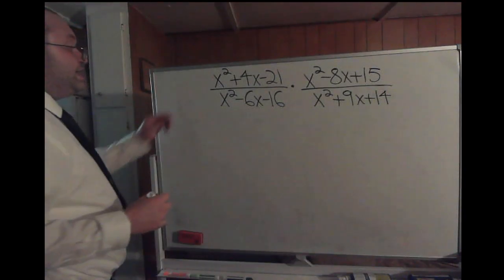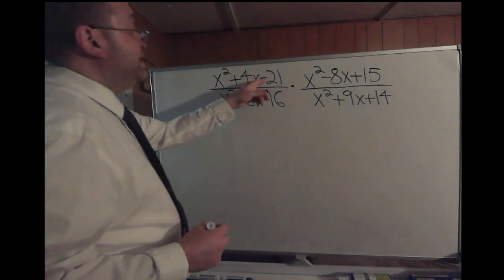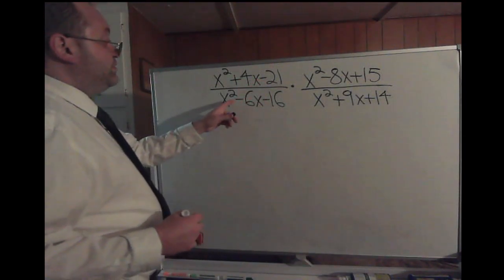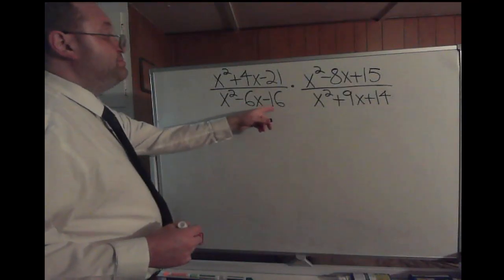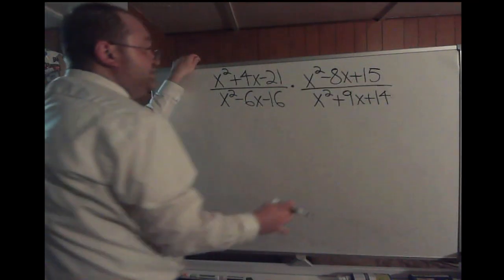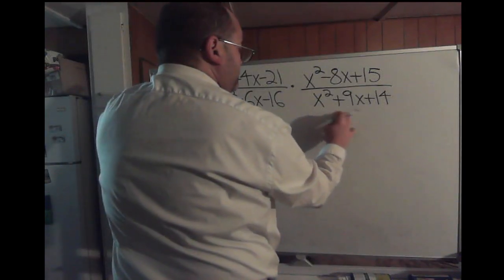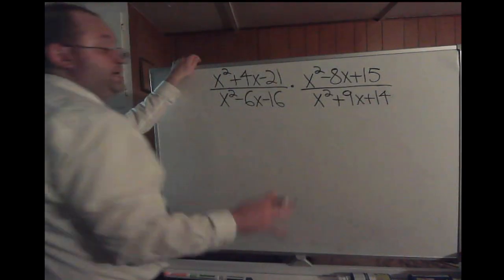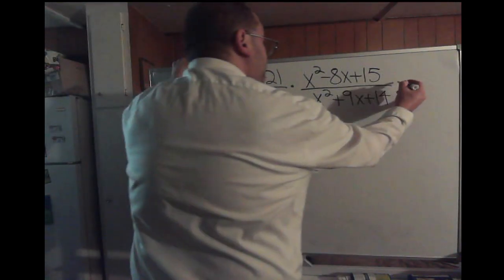Alright, so we've got x squared plus 4x minus 21 all over x squared minus 6x minus 16 times x squared minus 8x plus 15 all over x squared plus 9x plus 14. Yeah, that was a mouthful.